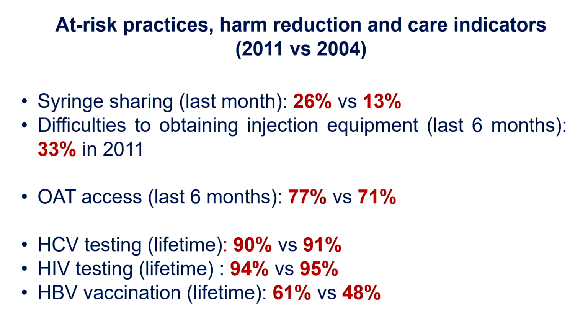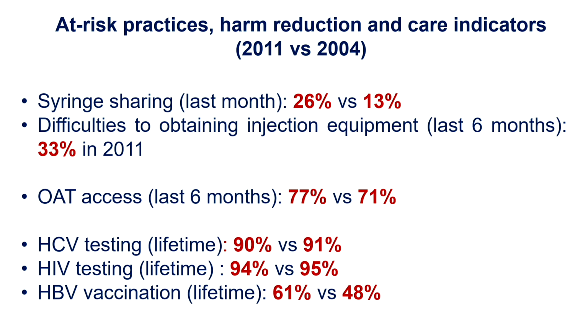In 2011, we also included a new question about difficulties obtaining injecting equipment in the last 6 months. And in 2011, a third of people recruited in harm reduction services and drug treatment centers declared having difficulties.